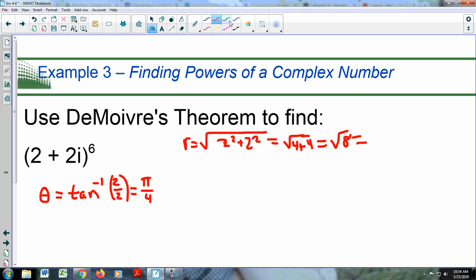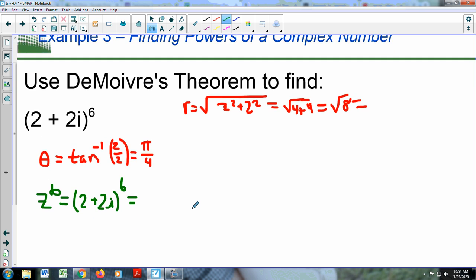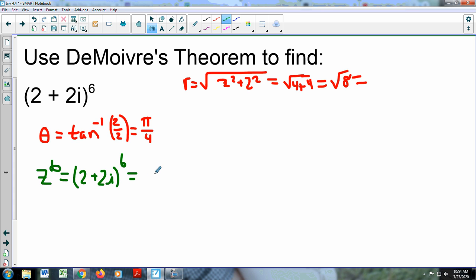So now I can start working on this one. I'm trying to find z to the 6th, which is 2 plus 2i to the 6th, which is square root of 8 to the 6th multiplied by cosine 6 pi over 4 plus i sine 6 pi over 4.